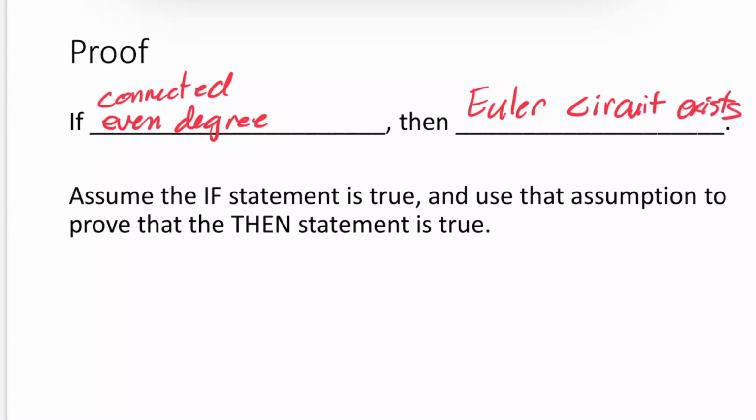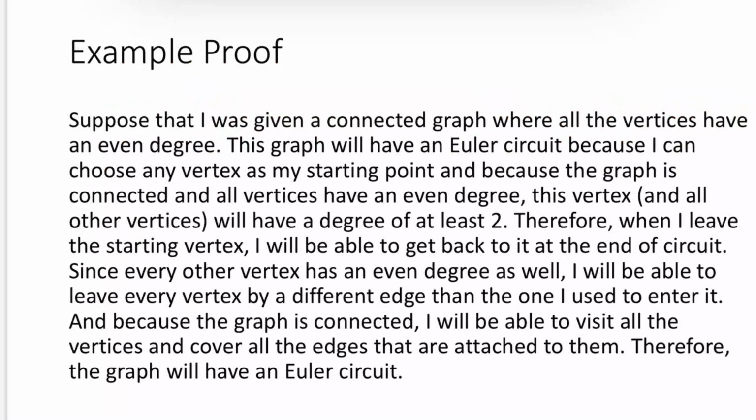And then you would say, okay, the way that you prove this is you assume that the if statement is true. So you say, if I have a connected graph that has all vertices with an even degree, then you use that assumption to prove that the then statement is true. So an example of this is a proof that I wrote for the Euler path and circuit theorem.